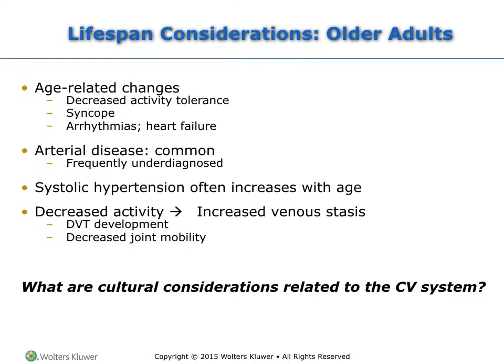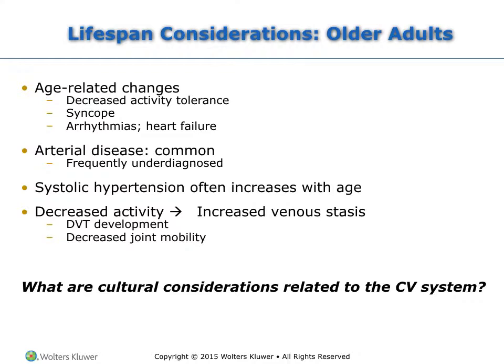Also, based on their size and their age, the anatomical positions of various organs can be different than what is found in adults. Common changes that occur as patients age include decreased activity tolerance, syncope or fainting, arrhythmias, or heart failure. Again, the heart is an organ, it's a pump, and pumps fail. So over time, the pump works so well for us for our whole lives, but once you get into the 8th, 9th, or 10th decade of life, you can see that a pump may start to lose its ability to function.